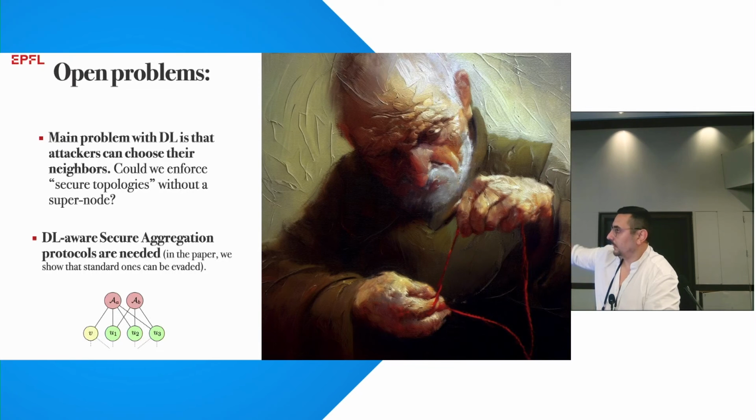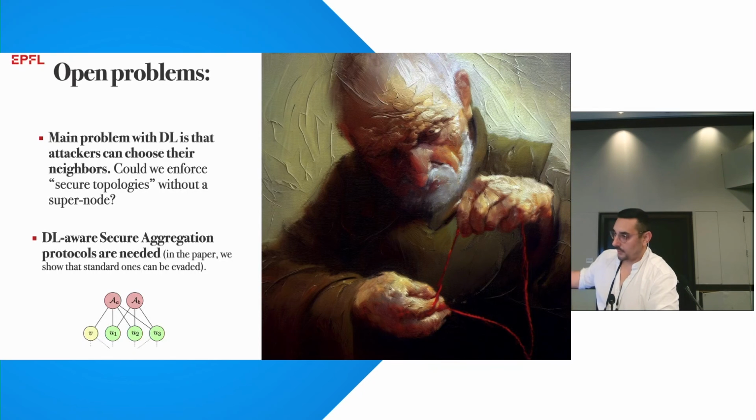Secure aggregation comes from the FL literature, where the FL server gets all the model updates for a round, but instead of getting the individual model updates, it only gets the sum because of the use of a multi-party computation protocol. You can do the same in DL, so every user gets only the sum of the model updates without seeing the individual model updates of each neighbor.